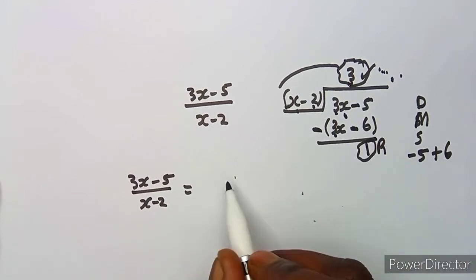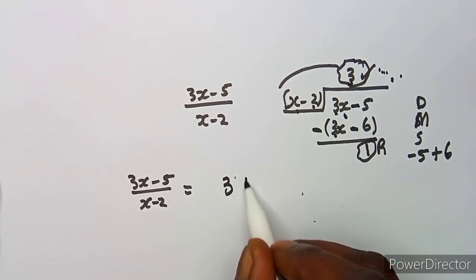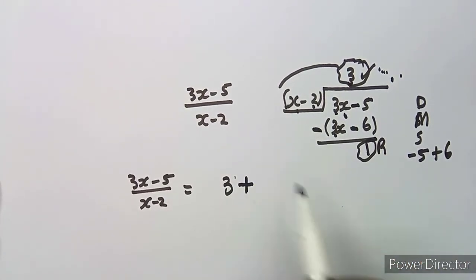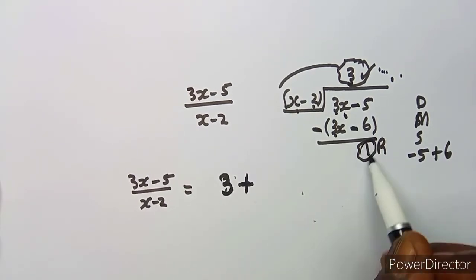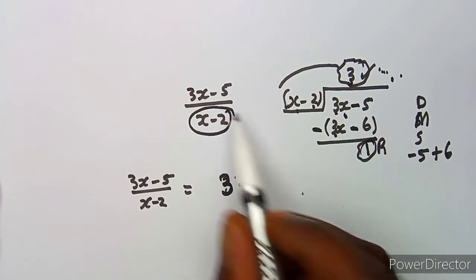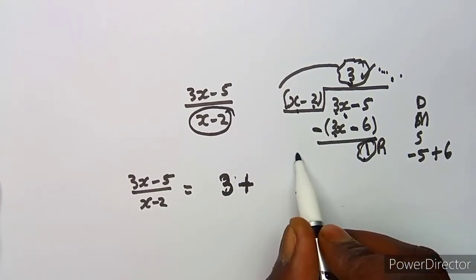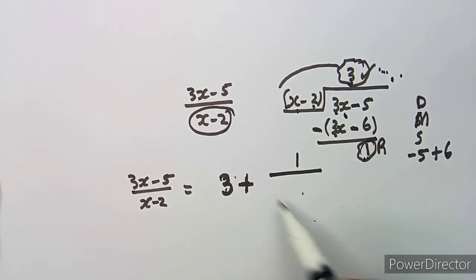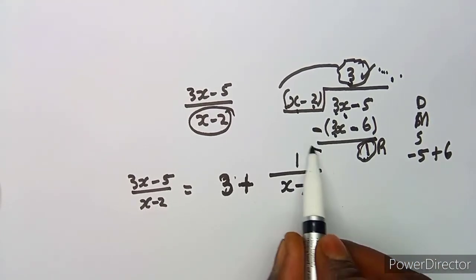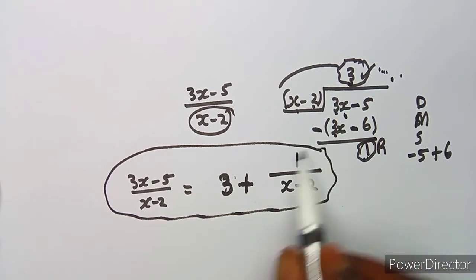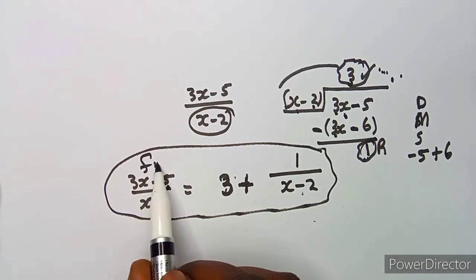So this is 3 plus the remainder now. Then you add the remainder over the part that was dividing. So it's 1 over x minus 2, like that. So this is what is equivalent to your f of x.